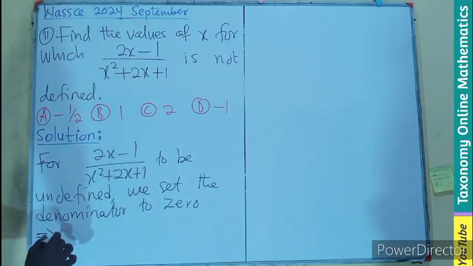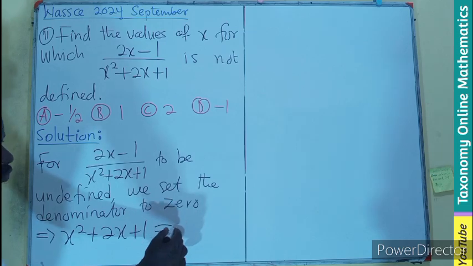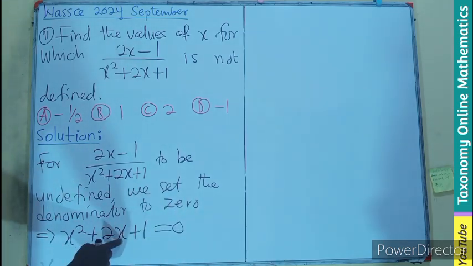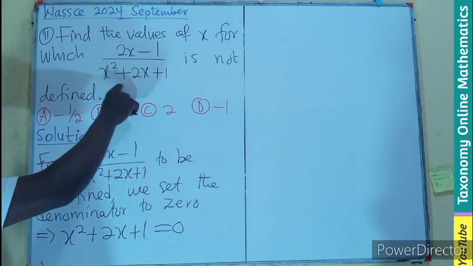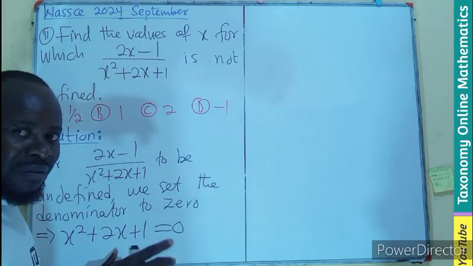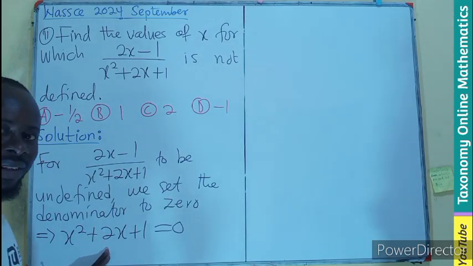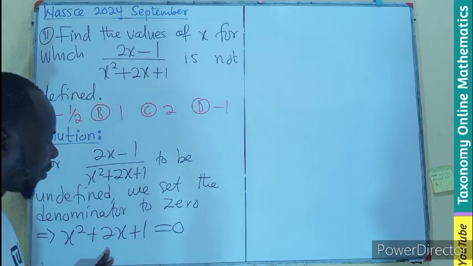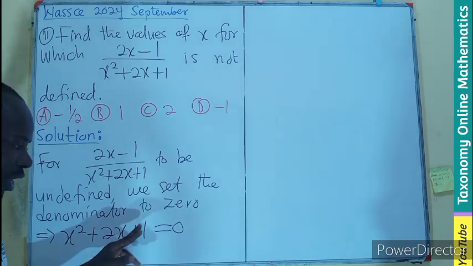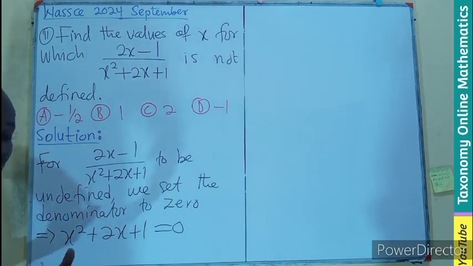Meaning your x squared plus 2x plus 1 becomes 0, and we find the values of x that will make the whole thing become 0. Now, if you look at this carefully, from our previous tutorials on quadratic expressions, you can see that this is a perfect trinomial, because half of the middle term equals the square of the constant term. So it is directly going to be perfect.